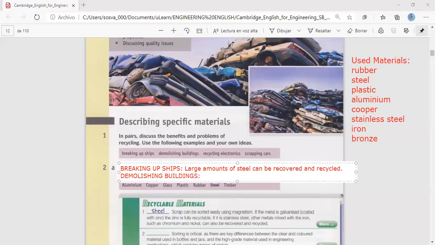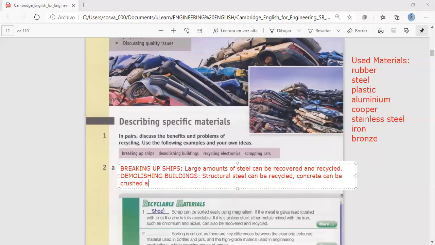The other idea is demolishing, demolition of buildings. Now, what about this one? Of course, if we tear down some buildings, what we can recycle is the structure. I mean, the structure can still be recycled, so we can build more things with it. The concrete can be crushed and reused.